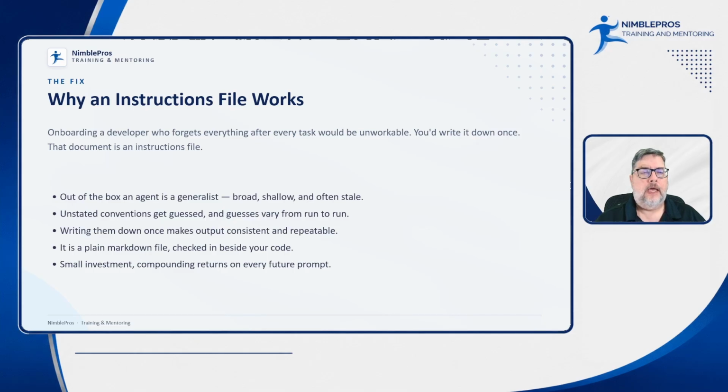Out of the box, an AI agent is a generalist. As I said, it doesn't know a lot about specific things. It knows a little about a lot of things. And some of that knowledge is stale. They spend months or years training these AI agents, and by the time they're done with that, a lot of the information they have been trained on may be out of date.